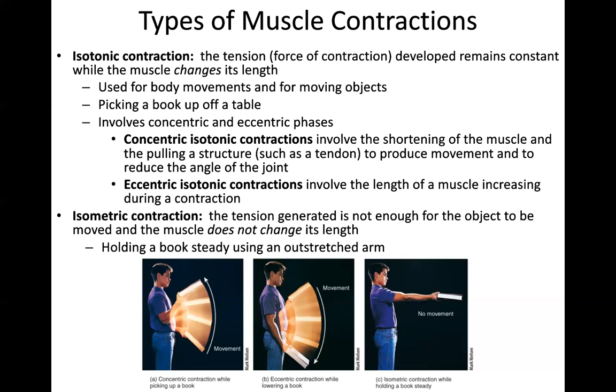Gymnastics is a good one. You guys ever seen when they are doing rings and they're holding their arms straight out and they're holding their body in a position? That's a perfect example of an absolutely insane isometric contraction that I couldn't even dream about being able to do. So gymnastics is a good one.